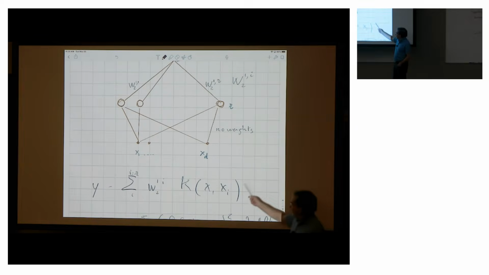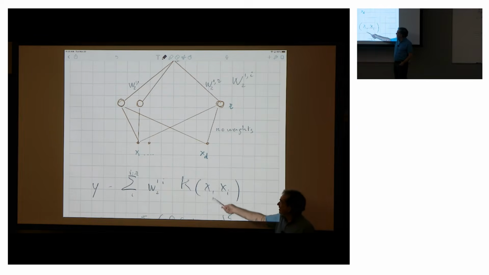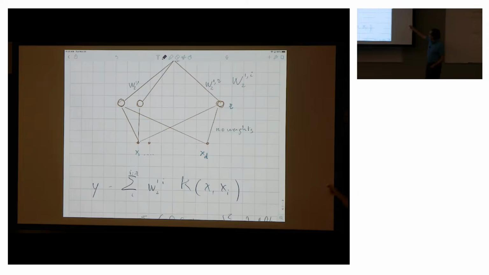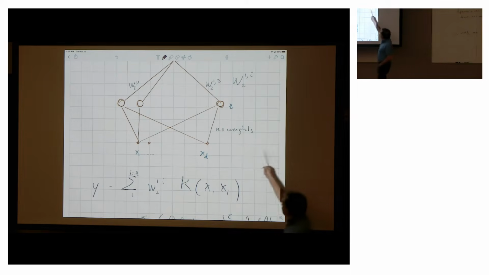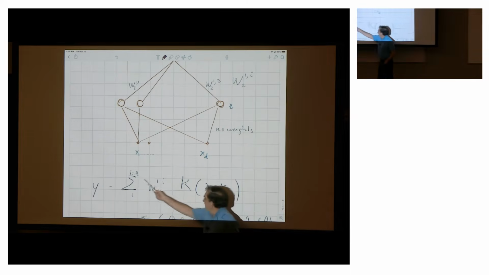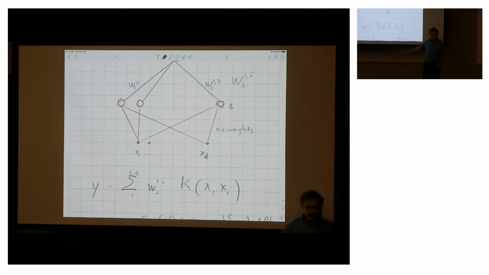Graphs are a way to write equations, and this is a graph that just describes these equations where you have the units, there are R of them, which are the kernels.